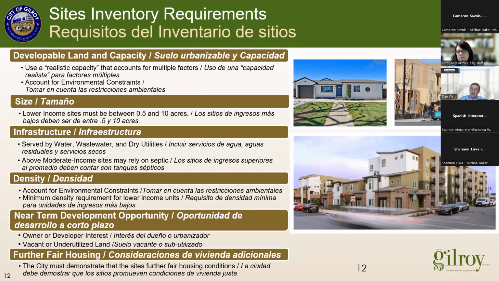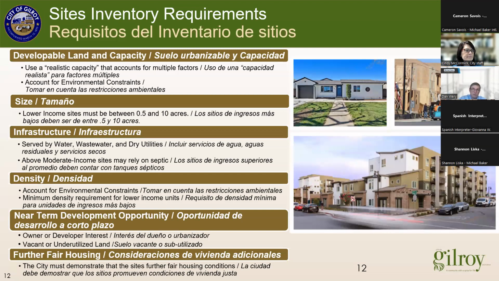We look to make sure that they have appropriate infrastructure. So there's water and sewer facilities there, and they've got adequate access for roads. Those are the main infrastructure items. And then density, which really gets to the zoning. We look at whether these sites are zoned to provide enough units to meet what the state considers affordable to the various household income levels of very low, moderate, and above moderate.